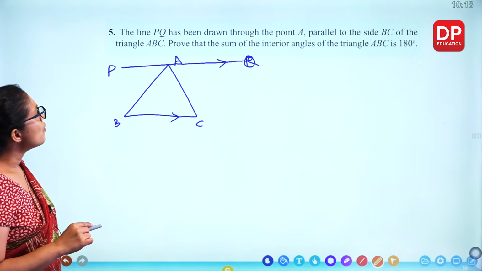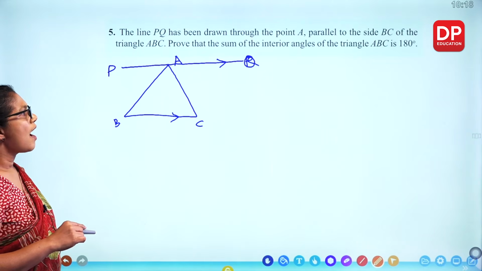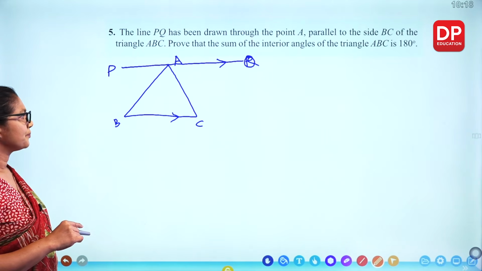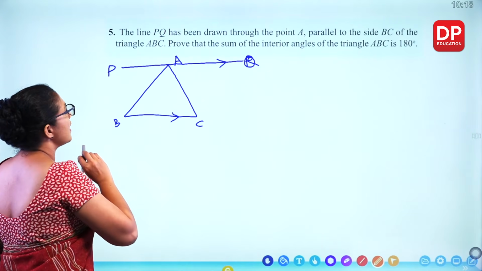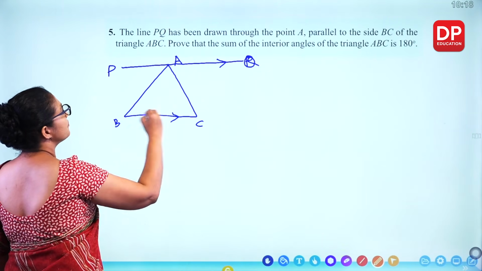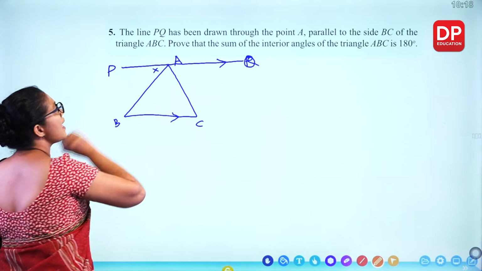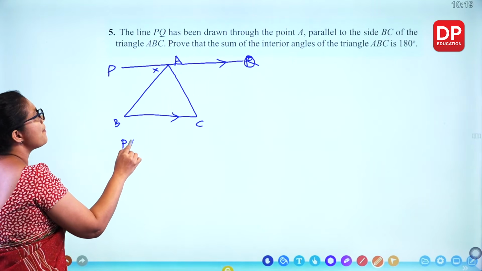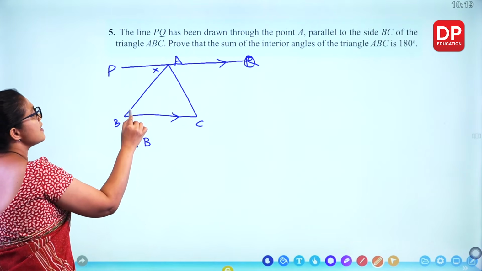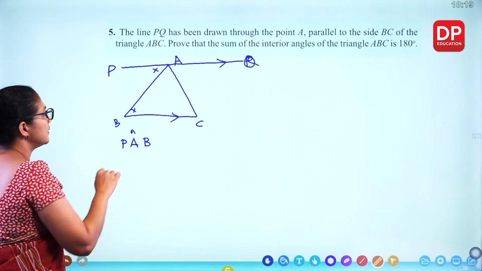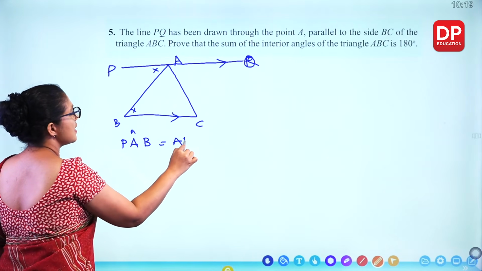And it says prove that the sum of the interior angles of a triangle ABC is 180. So how can I show that? When you take this angle, I can write angle PAB is equal to this angle, that's ABC.